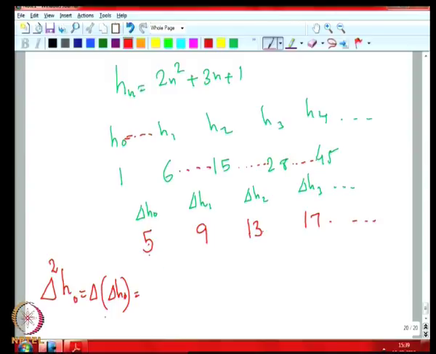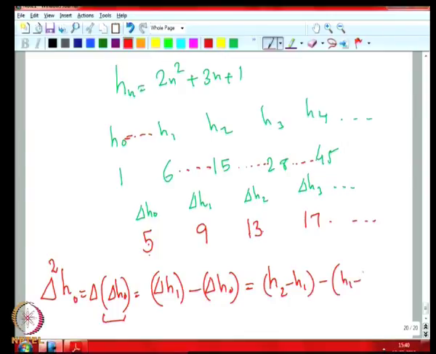This can be written as delta of H1 minus delta of H0, which is actually H2 minus H1 minus H1 minus H0, which is H2 minus 2H1 plus H0.